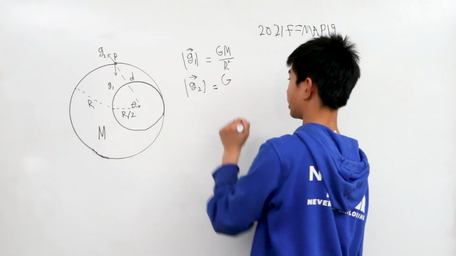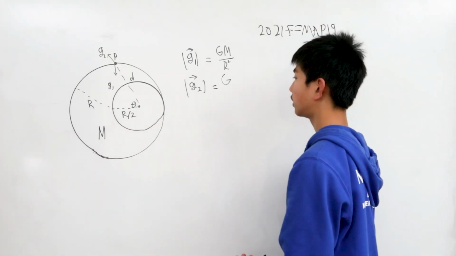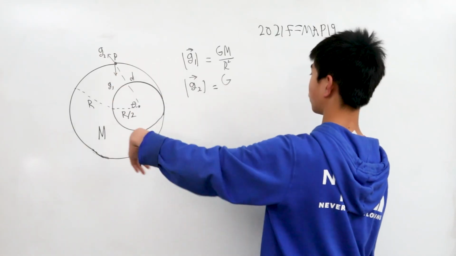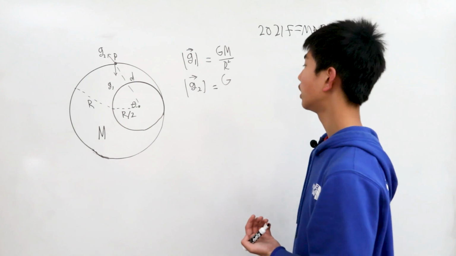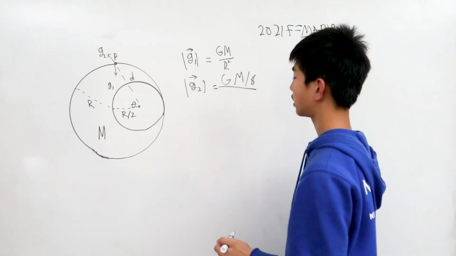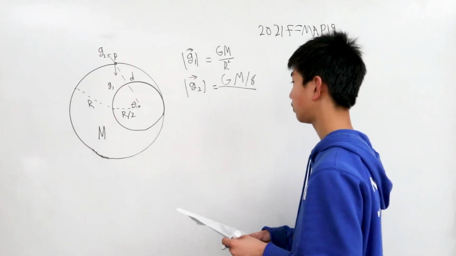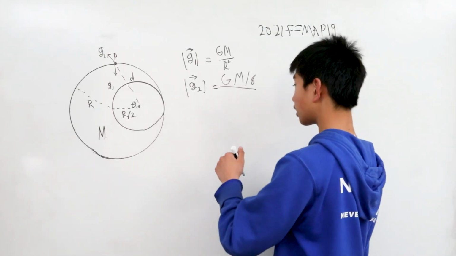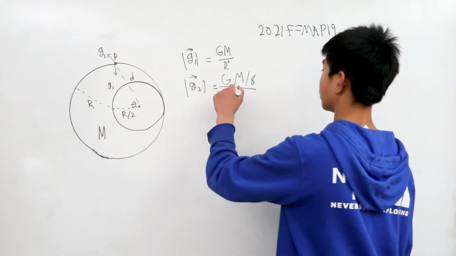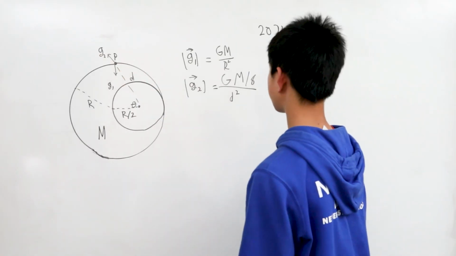So this is going to be G, but the mass of this, since the crater is like a fourth of the total big one, you're going to be dividing by 8, because that's how it is in relation to the mass with the big planet. Since the mass is the spherical planet with mass m, and then instead of r squared, it's going to be d squared, or the distance between the center of the cavity and our point P.